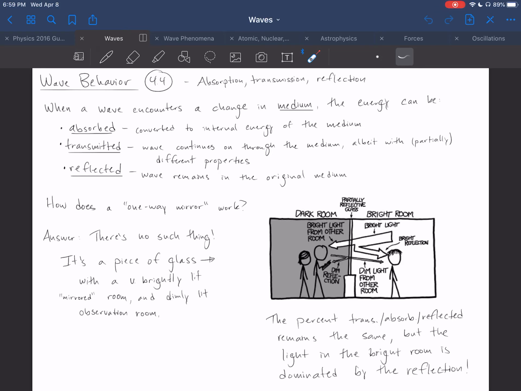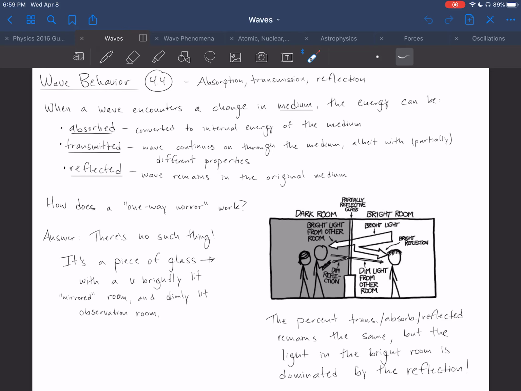To get a quick insight into this and to examine how these terms are used, an interesting topic to look at is how a one-way mirror works. This is something often shown in crime dramas and on television and things like this. Or perhaps you've seen one yourself.